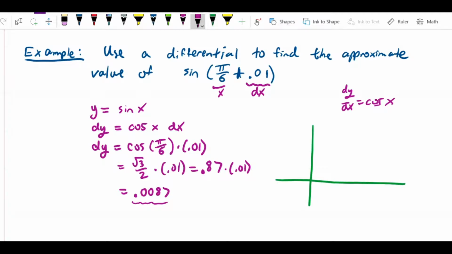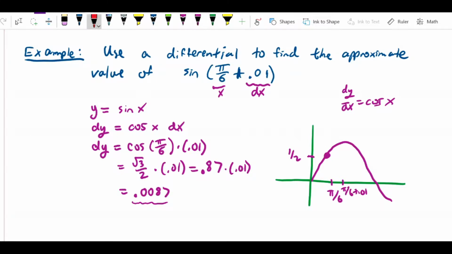What we're saying here is that if this is the sine function, which it is, it looks like that, and here's pi over 6, and that's 1/2. So this is a picture of what it means to say that the sine of pi over 6 is 1/2. So now I'm just going to draw, I know this is kind of exaggerated, but let's say that that's pi over 6 plus 0.01.